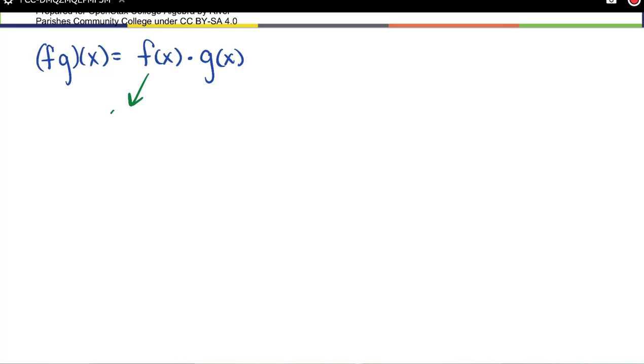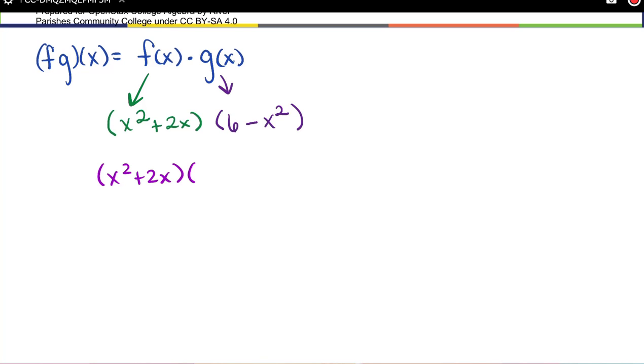Now we're just multiplying these two together. I'm just going to write it out: x squared plus 2x times 6 minus x squared.